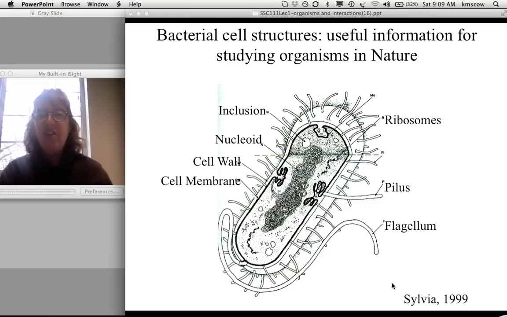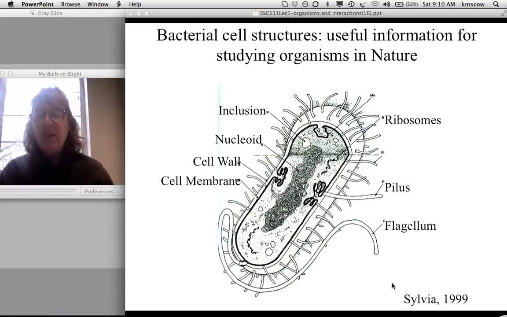If you take a look at a cell, there's all this interesting stuff: there's flagella, and membranes, and cell wall, and nucleoid, and ribosomes, and also the chemistry of the compounds that make up these different aspects of the organism. All of this is really valuable information that we can use for studying organisms in nature.